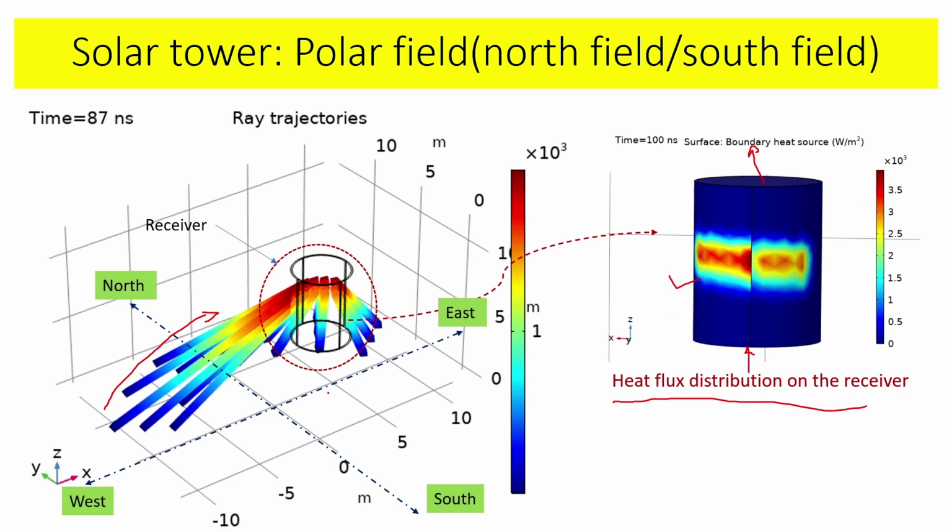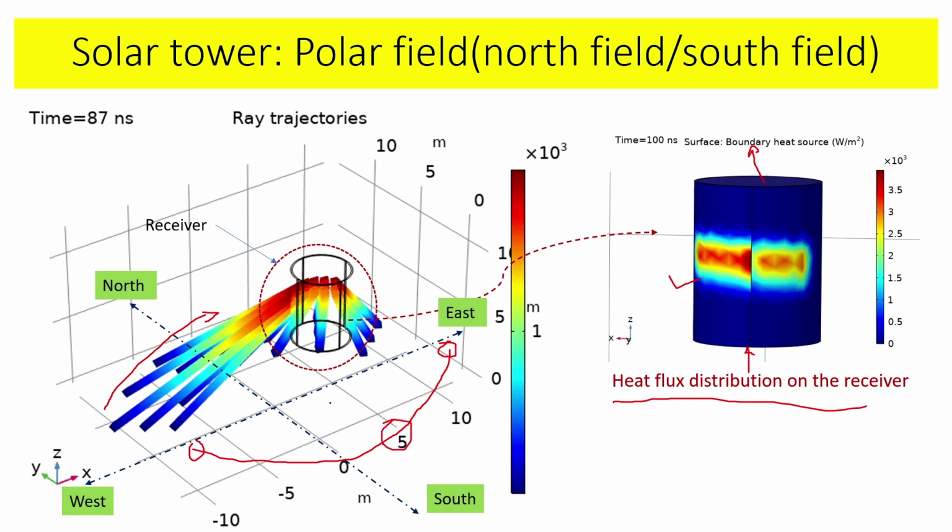Now the question is, why is there only one side? This type of field we use when we are away from the equator. So when we are away from the equator, say we are in the northern hemisphere, then we know that the sun rises in the east, sets in the west, and most of the time it remains in the south.